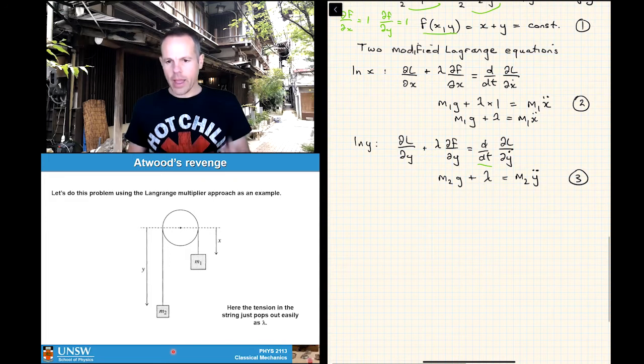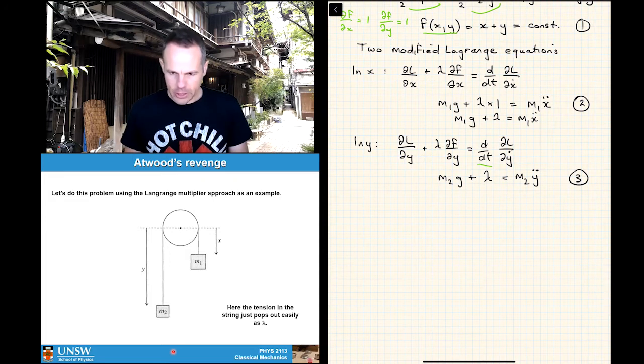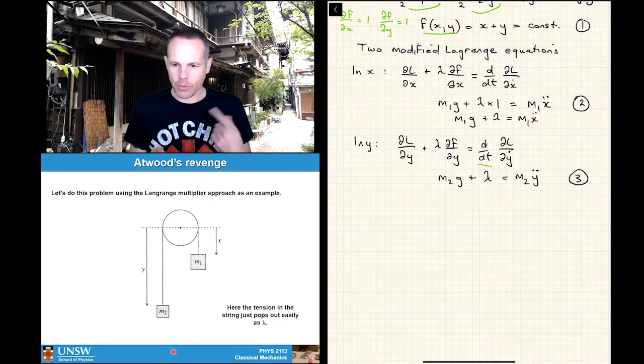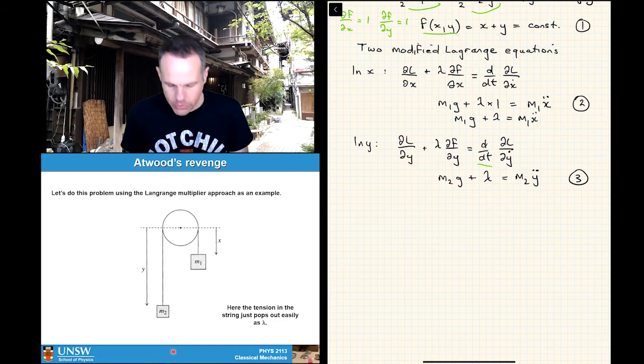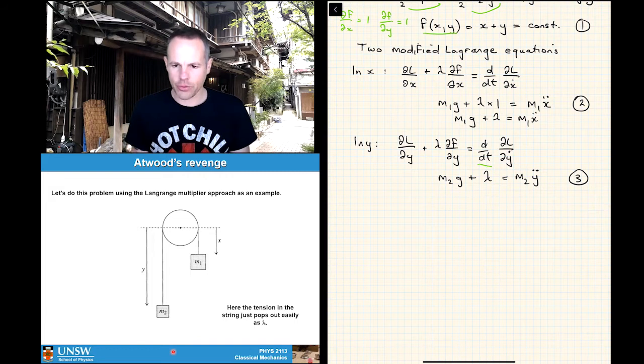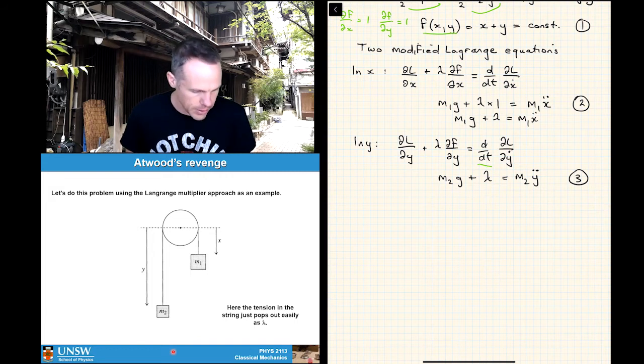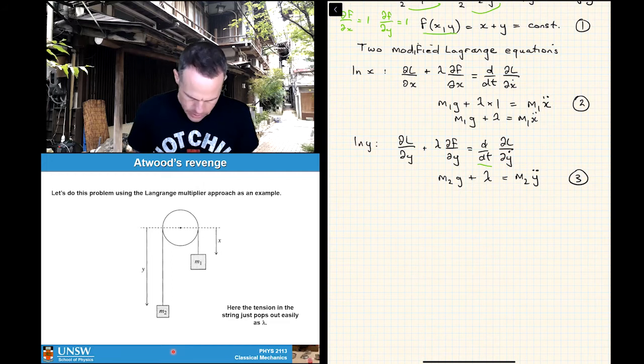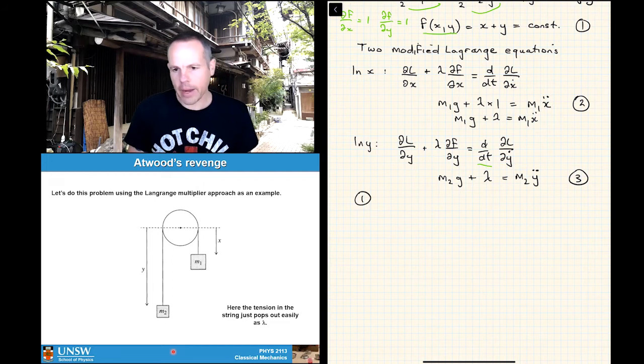So now we've done the same problem we did in the last lecture, where we basically had one unknown and one Lagrange equation, and now what we've got is 3 equations, 3 unknowns, and we're going to work through and solve this out, right? So we can take equation 1, and now we're just into equation grinding, basically.